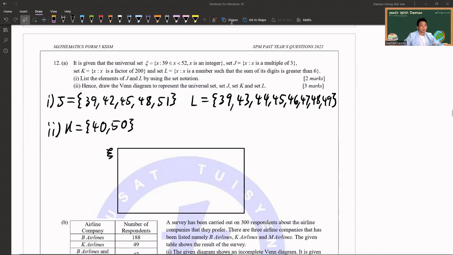So, draw the Venn diagram. You can see 40 and 50 is neither in these two sets. So K would be separated by itself.